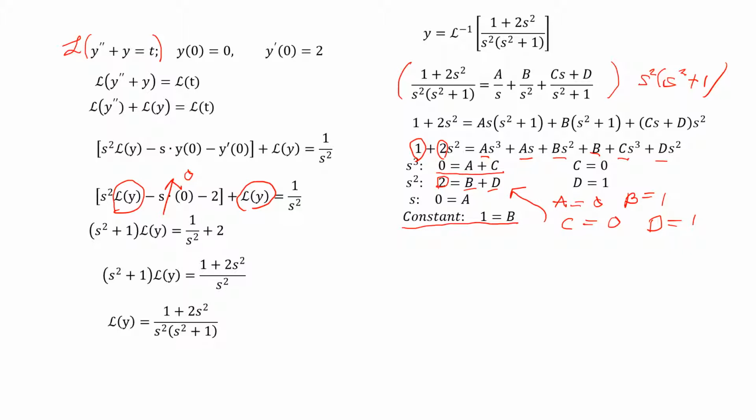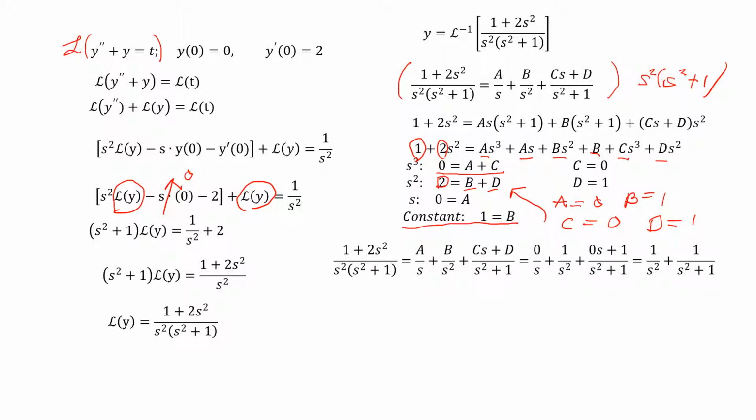So our partial fraction now: our a is 0, so this is just 0. Our b is 1, so this is 1. Our c is 0, so this is simply 0. And our d is 1. Therefore, the partial fractions of 1 plus 2s squared over s squared times s squared plus 1 is simply 1 over s squared plus 1 over s squared plus 1.